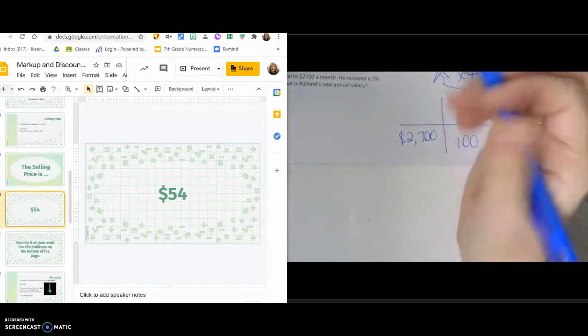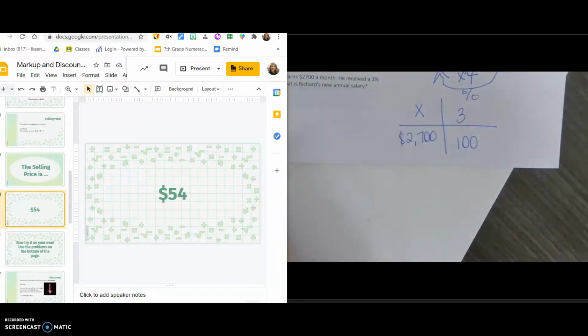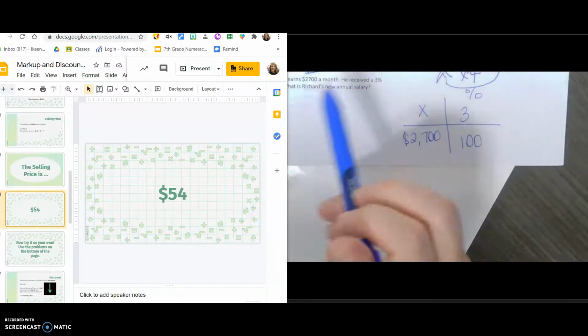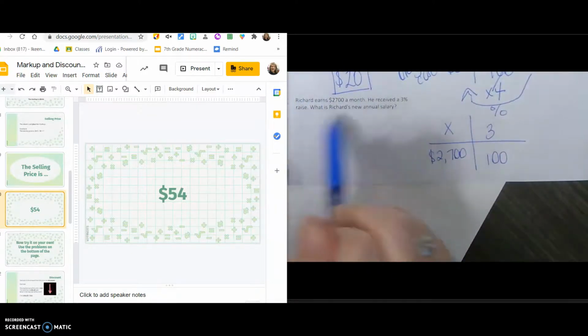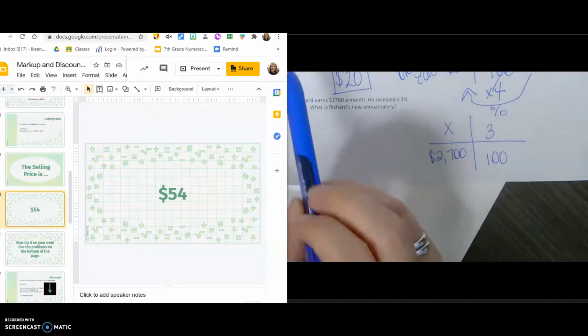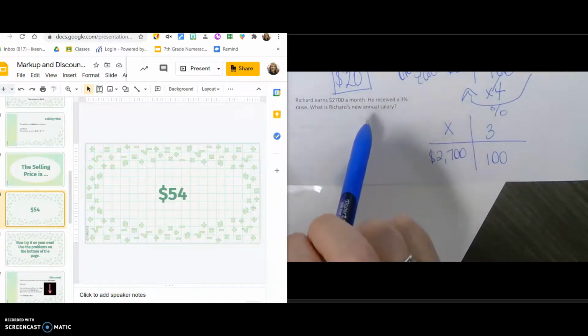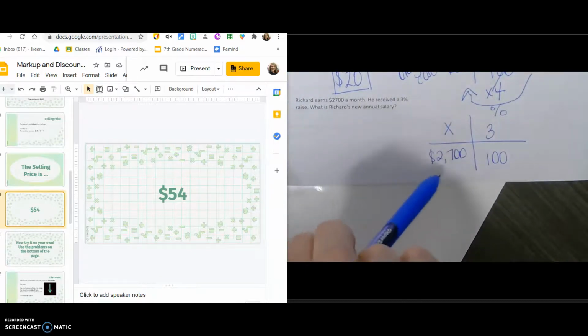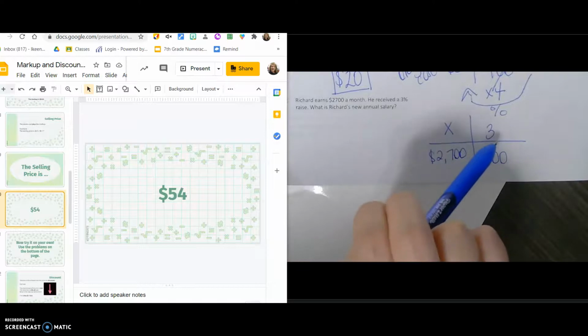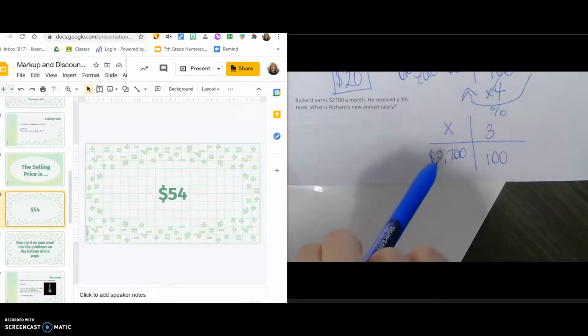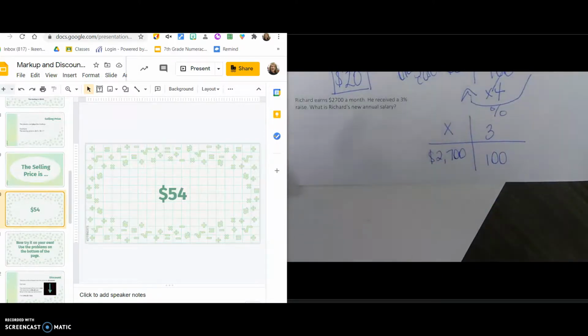And I want to know his new annual salary. So this is a little bit different. I kind of have to put things in perspective. It's not exactly a selling price, but it's the same concept that's happening here. Because this is his salary now. If he gets a 3% raise, what will his new salary be? So we're still having to do some thinking with this one in terms of percent increases and markups and things like that.